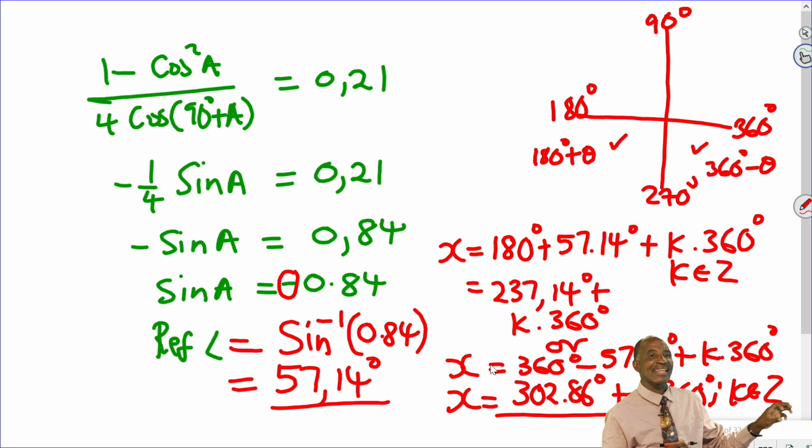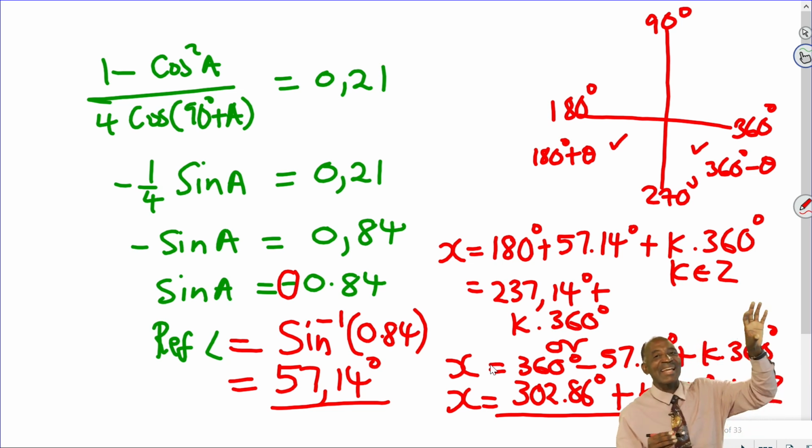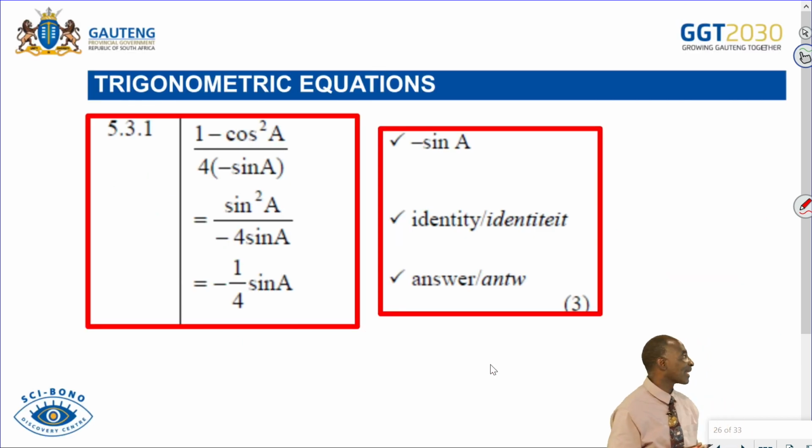Your theta in this case is your reference angle. So it's easy when you work with a reference angle, then go and identify your quadrants and either add or subtract that reference angle depending on the quadrants that are affected. Okay, so this is how you could have answered that question.